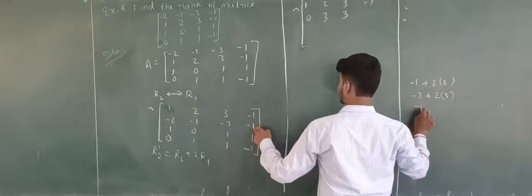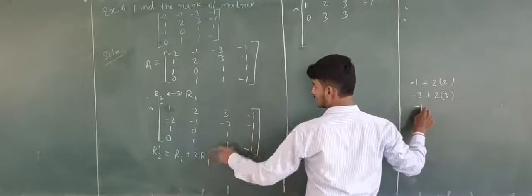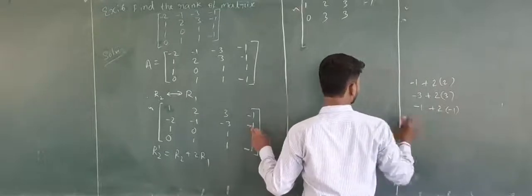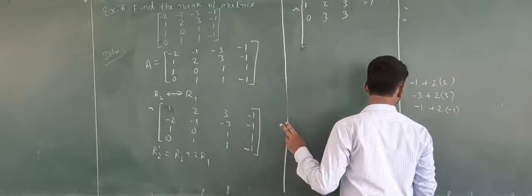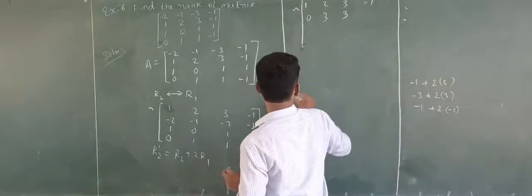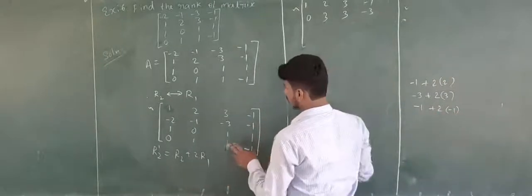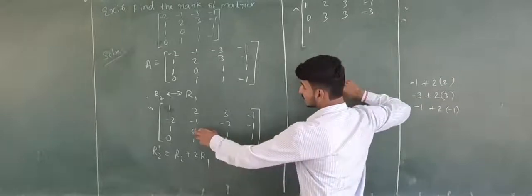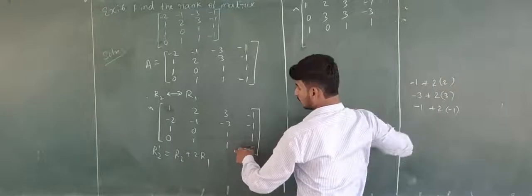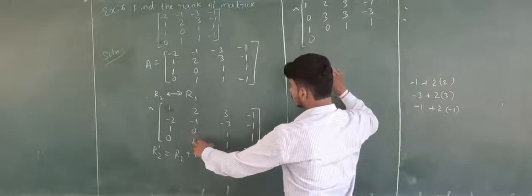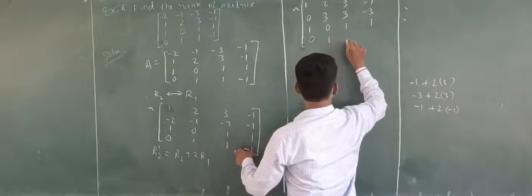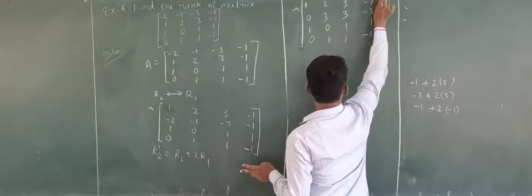Next, minus 1 plus 2 into minus 1, that is minus 1 and minus 2, will be minus 3. So your row contains 0 3 3 minus 3.